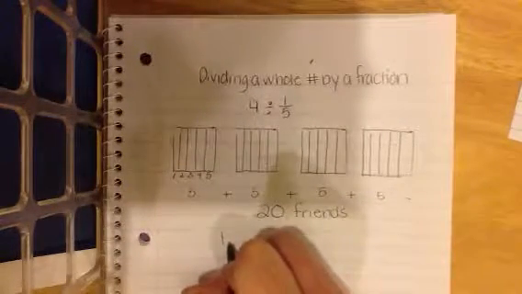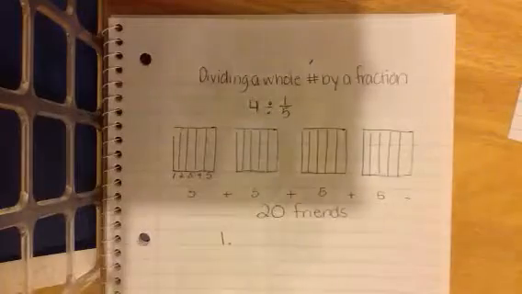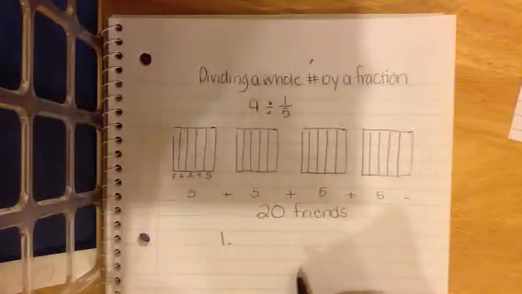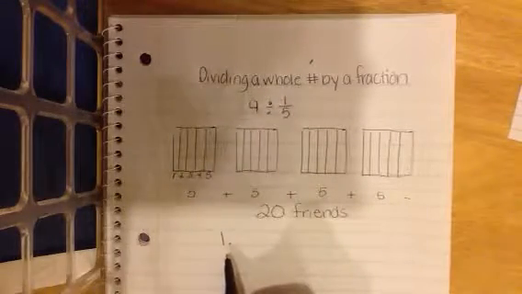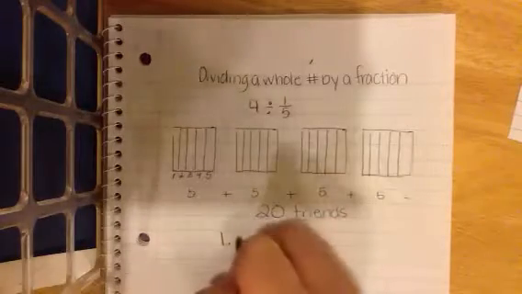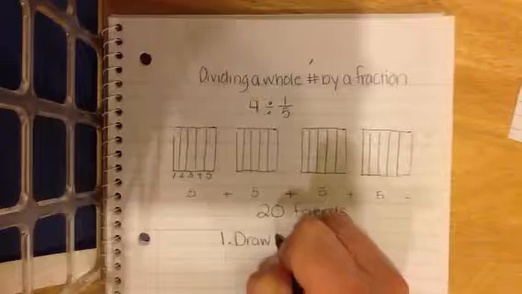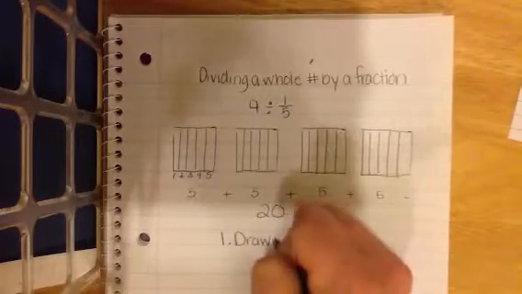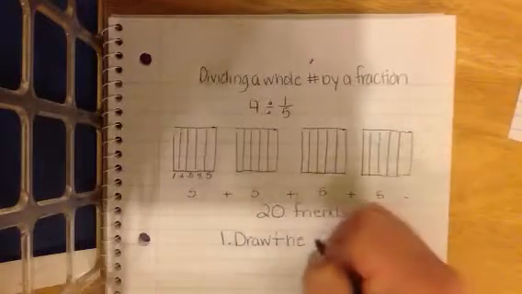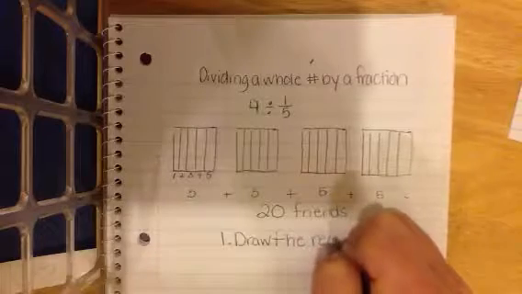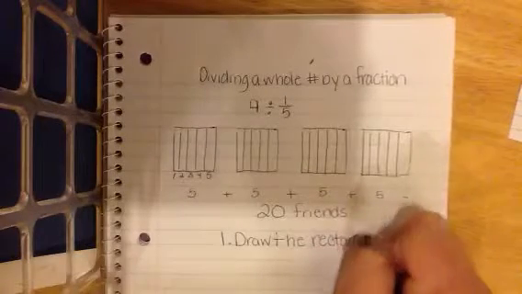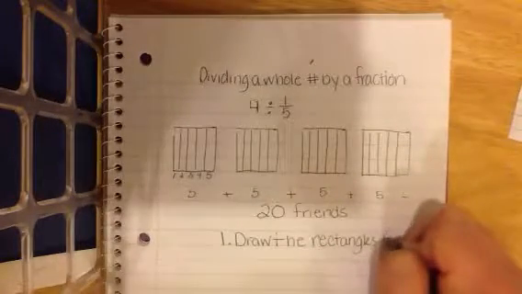Let's review in steps exactly what we did. Now remember, if I move too fast for you, simply pause. If you need to rewind, do so. My first thing that I did to make this model is I am supposed to draw the rectangles for the whole number.